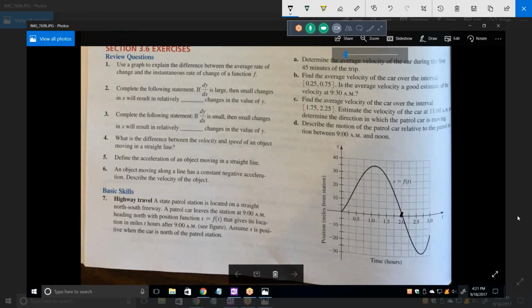I'd probably go with negative 50-ish. Negative 56, yeah. In other words, what we just figured out was the average velocity between that point and that point, which is the slope of that line.